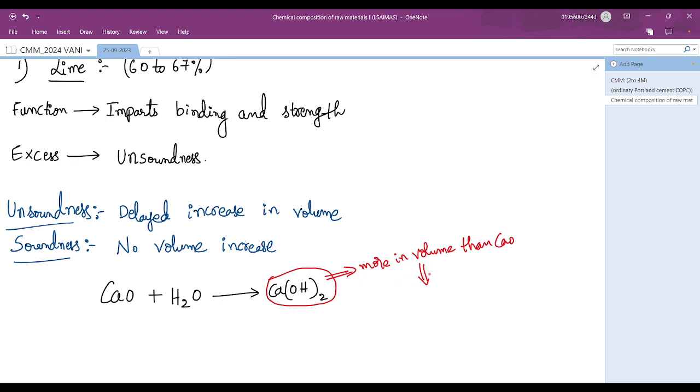Hence, it causes unsoundness. Unsoundness means increase in volume.